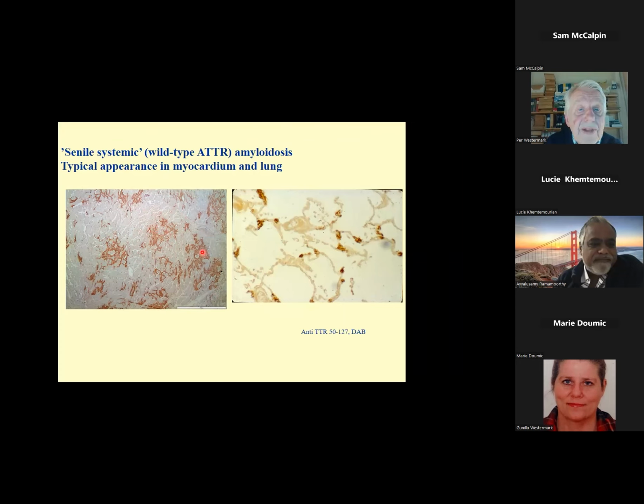So one can believe that you have a seed here, a nucleus here, and so on. That is also very much seen in the lung, which is also a site for amyloid deposits in ATTR amyloidosis. This is immunohistochemistry. The brown dots here are amyloid deposits, and these are very discrete and very focal.